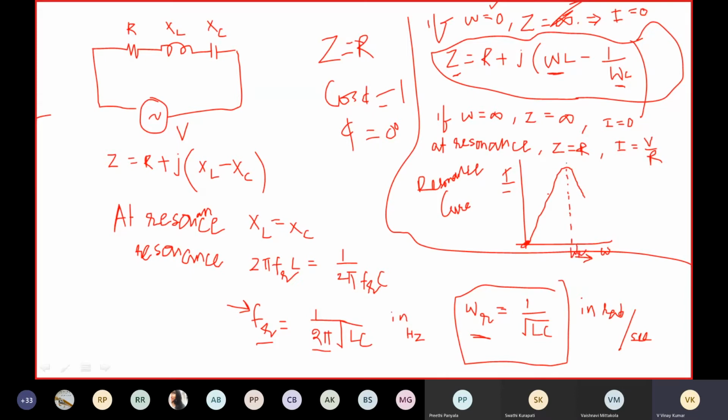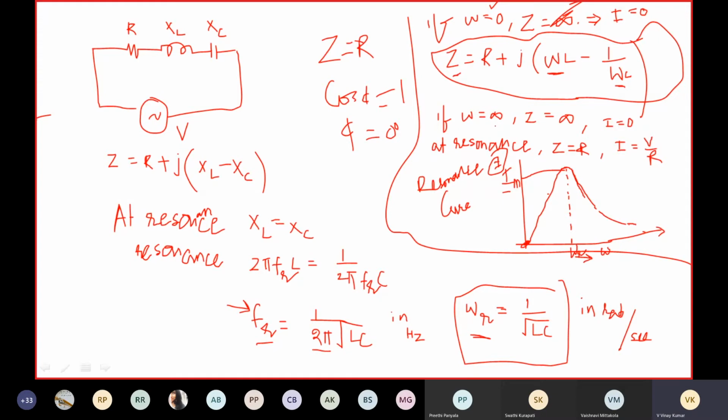At this resonance, the current will be the maximum value I max. Then afterwards the current will be decreasing. At omega equal to infinity, again the current will be 0.